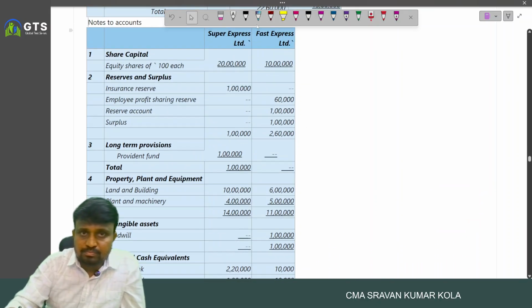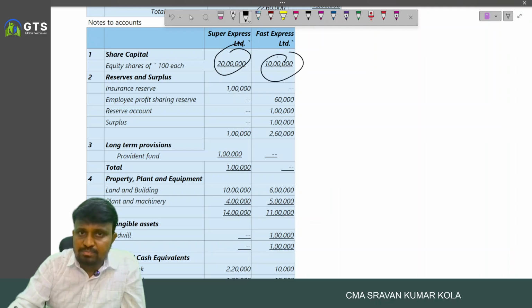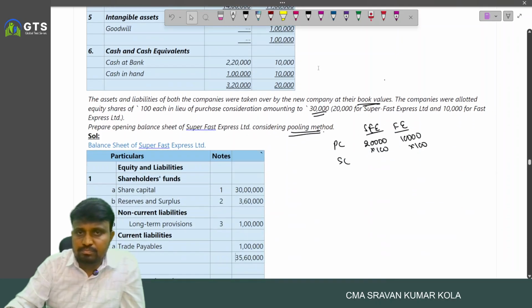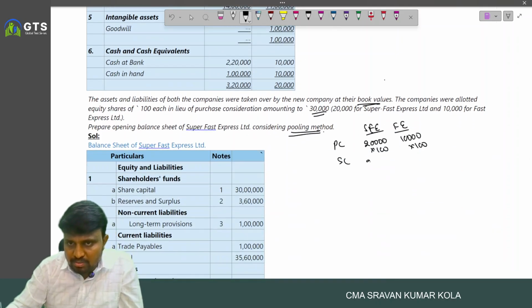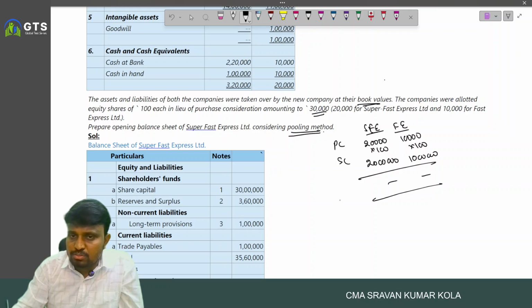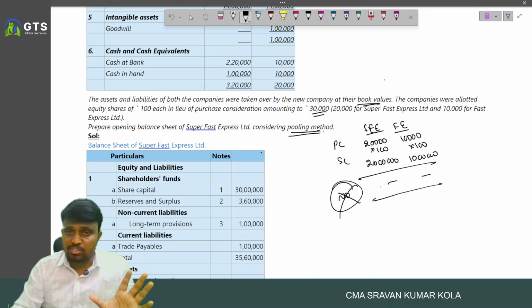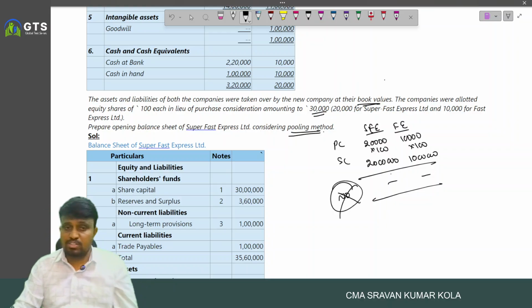Same. Share capital is how much? Same thing. So 20 lakhs, 10 lakhs. And the difference is 0. No difference is there, and there is no need to give the adjustment of amalgamation relating to the pooling of interest method.